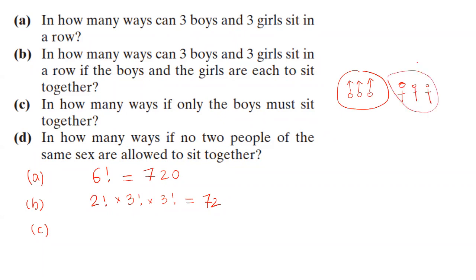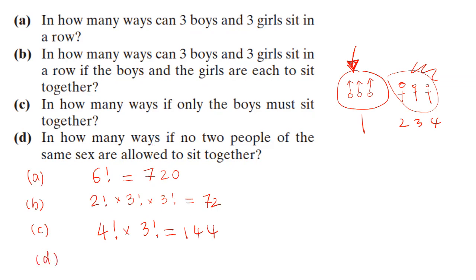So that is 1, 2, 3, 4 elements doing full permutations, which is 4 factorial. And then we can arrange the 3 boys in the group. So the second step is to arrange the 3 boys, which is 3 factorial. So the total number of ways is 144.